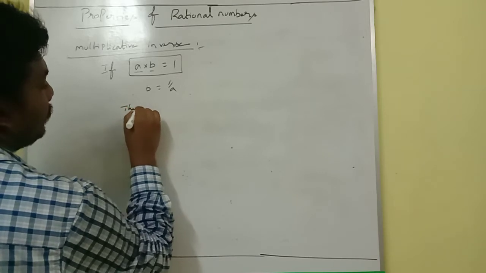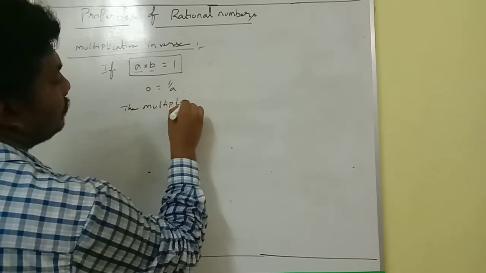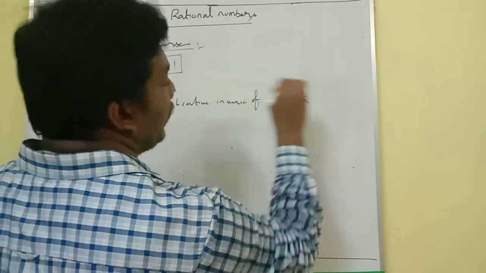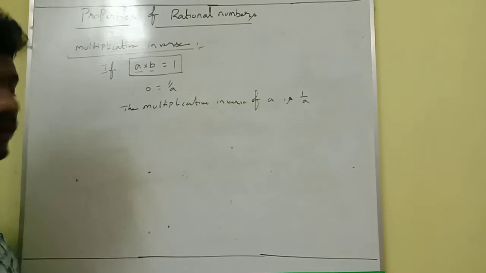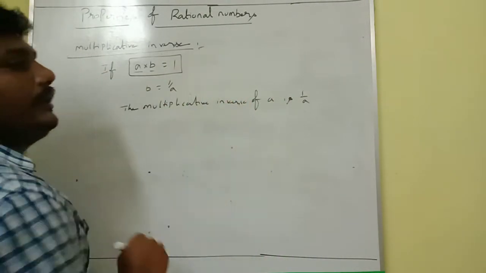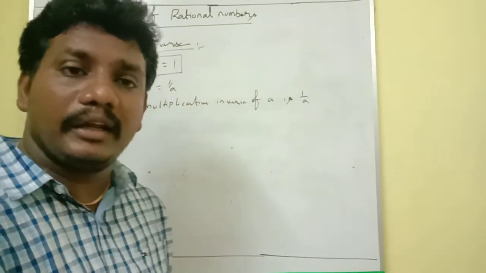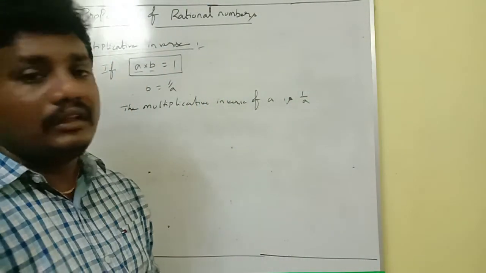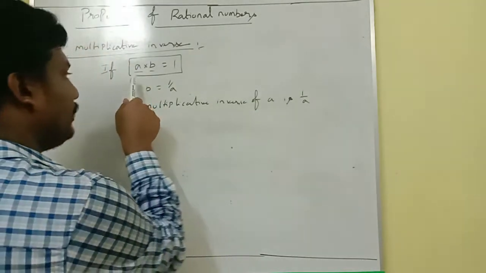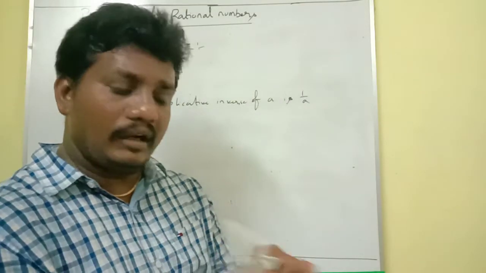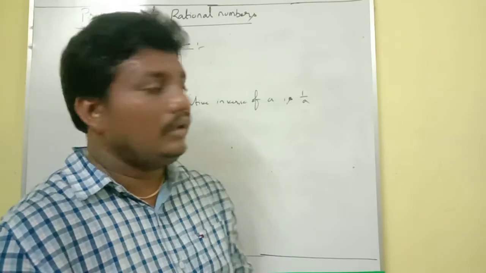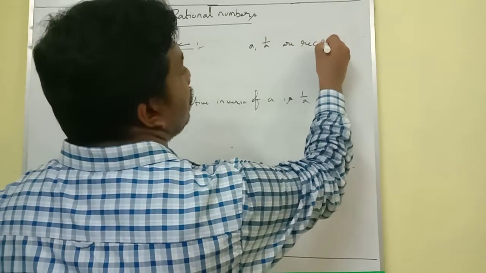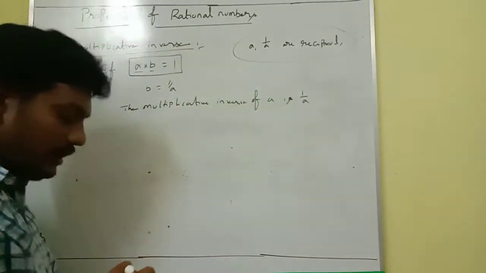The multiplicative inverse of A is 1 by A. Another way: if you multiply two numbers, the multiplier and multiplicand, and get the multiplicative identity, then they are called multiplicative inverses or reciprocals of each other. A, 1 by A are reciprocals.